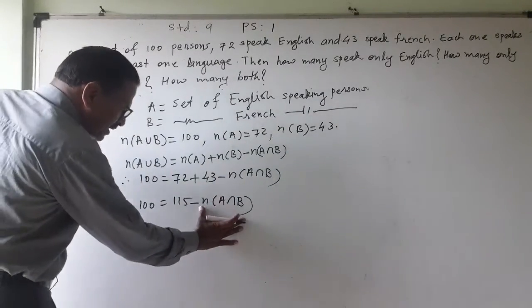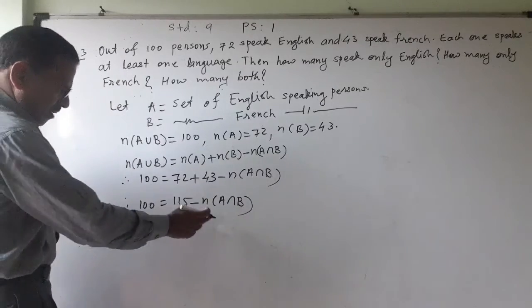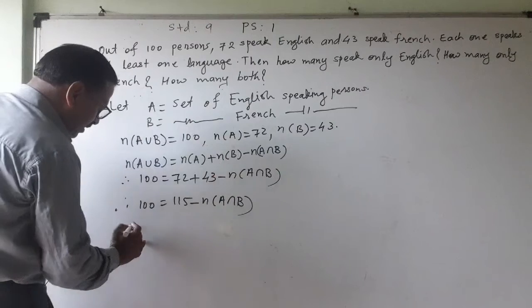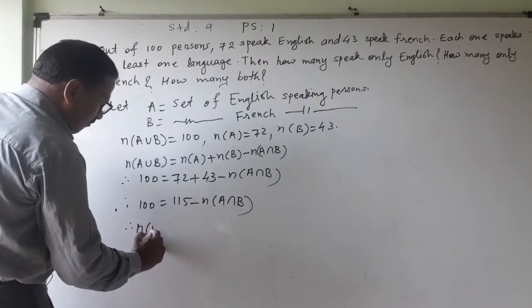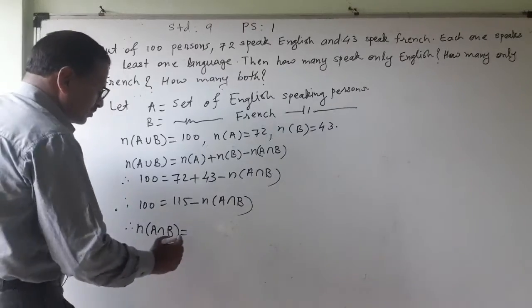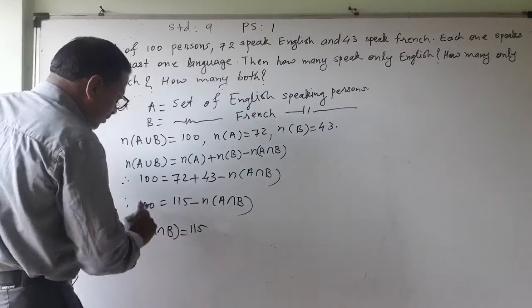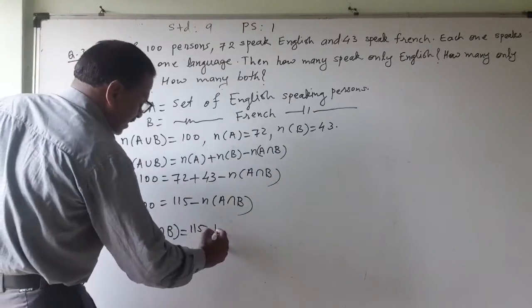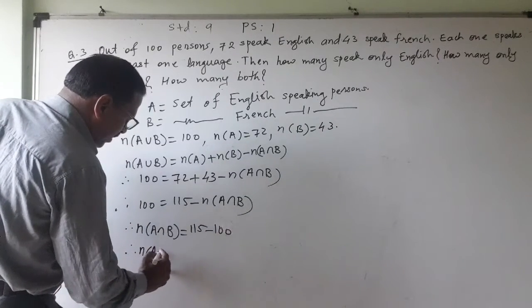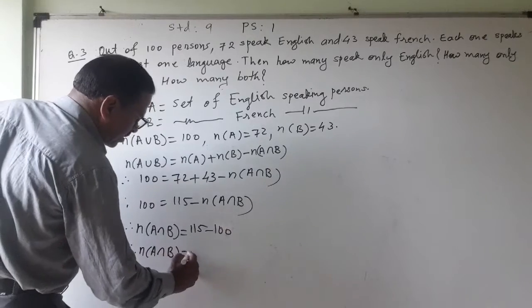Now I will bring this n of A intersection B here, it will become plus, and this 100 I will take there, it will become minus. Therefore, n of A intersection B is equal to 115 minus 100, and therefore n of A intersection B is equal to 15.